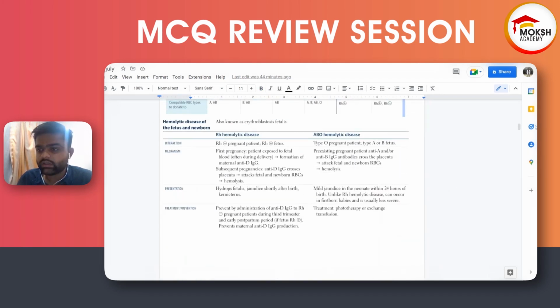So here we have to remember two types of disease related to blood group disorders, which we can call hemolytic disease of the fetus or newborn, usually known as erythroblastosis fetalis. Rh hemolytic disease occurs when an Rh negative mom has an Rh positive fetus.